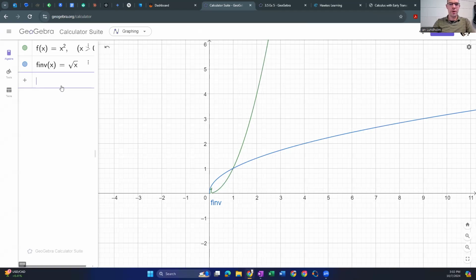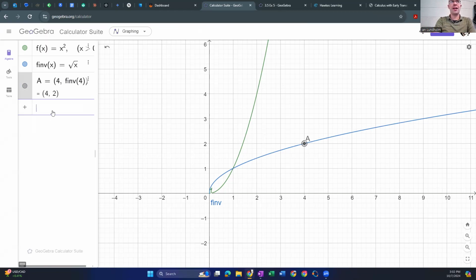So at the point 4, f inverse of 4, okay, we're at the point 4, 2. The number that we found out was 1/4.